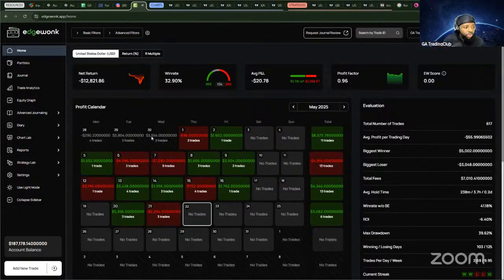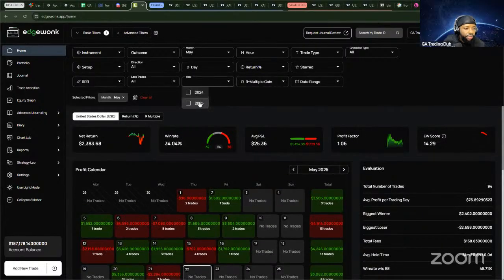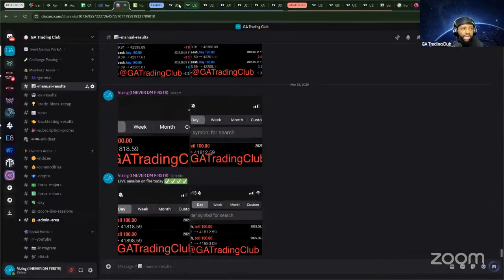So if we filter for this month, May 2025, this journal is from like 2023. From May 2025, you can see I'm up 4K, plus the 4K we made today, which I haven't updated on my journal, is 8K for the month.